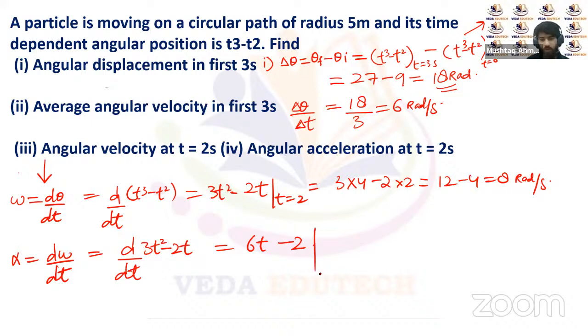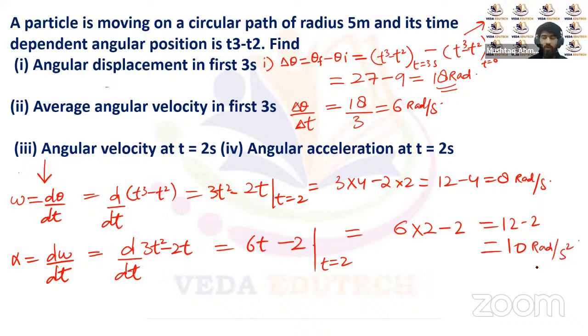Now, to calculate alpha, put the value of time t equal to 2 seconds in this equation. That will be 6 multiplied by 2 minus 2, that's 12 minus 2, equal to 10 radian per second square. So this is what we call the angular acceleration, in radian per second square, right?